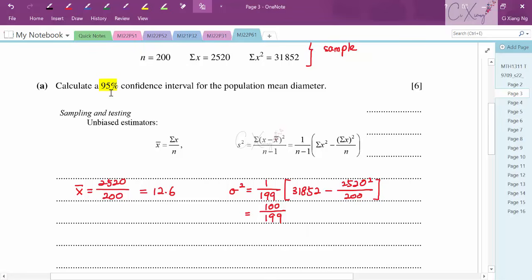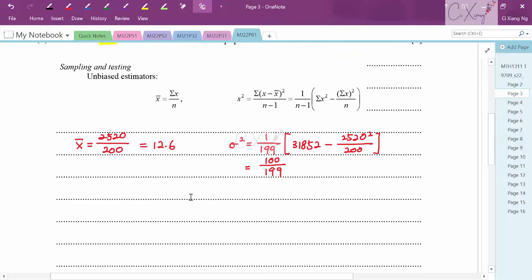To get a 95% confidence interval for the population mean, you just need to apply the formula. For a 95% confidence interval, the formula generally looks something like this, where we use the sample mean minus z times the standard deviation of the population divided by square root n. So the upper limit will be the sample mean plus z times the standard deviation over square root n.